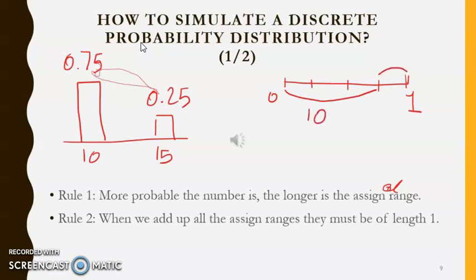That much easy. It makes sense, because 10 is more probable, so it claims longer ranges on that probability engine. So we give 10 the range 0 to 0.75, and we give 15 the range 0.75 to 1. In this situation, when you generate a random number by rand, the numbers that come can determine exactly according to the probability which one is the case.